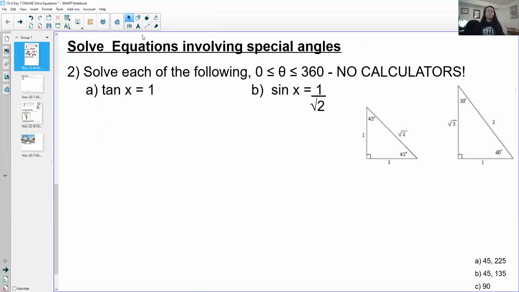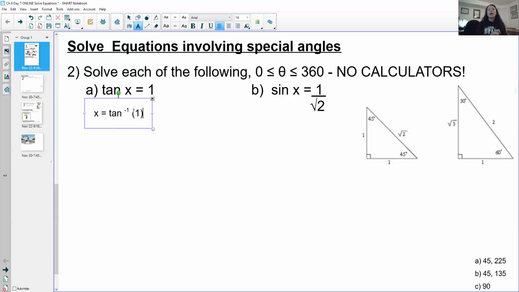So if I use my special angle and I isolate for x, I know that x is going to be the inverse tan of positive 1. Let's put some brackets here. When you plug that in, yeah, you'll get a decimal, but you need to figure out, based on your special triangles, what angle will give you a ratio of 1.